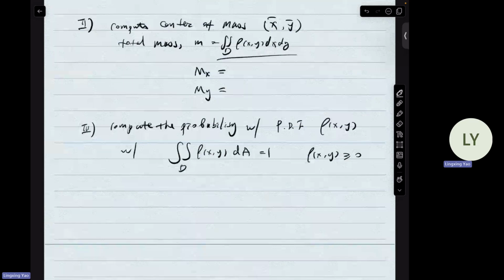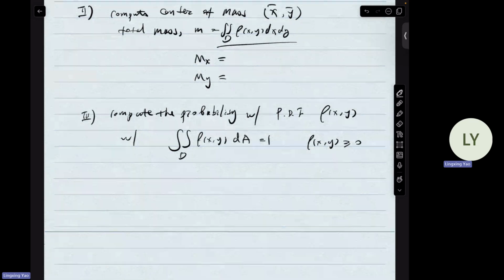All right, and the probability for the joint distribution of variables x and y will depend on where you want to evaluate the probability that those x and y variables actually occurred.